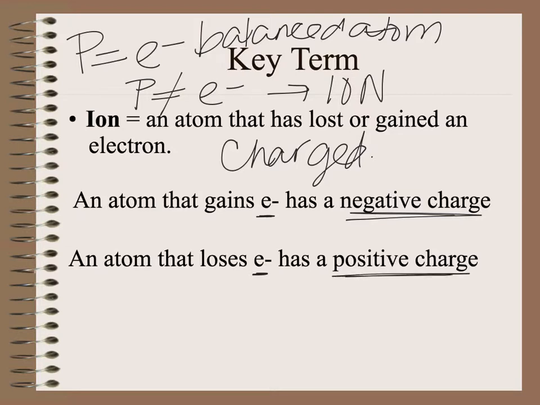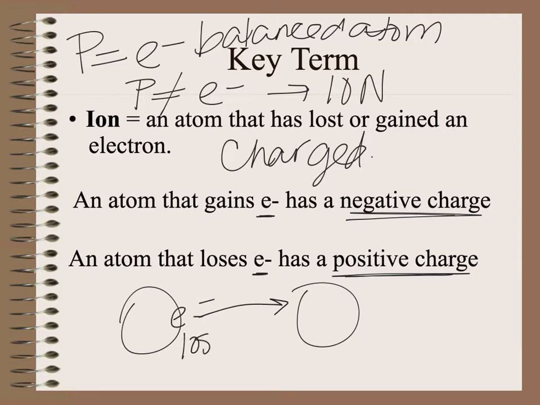This becomes important, especially when we get into bonding, which we'll talk about pretty soon. When an atom gives away an electron, so here's an atom and here's another, this one will have lost an electron, and then this atom over here will have gained an electron.